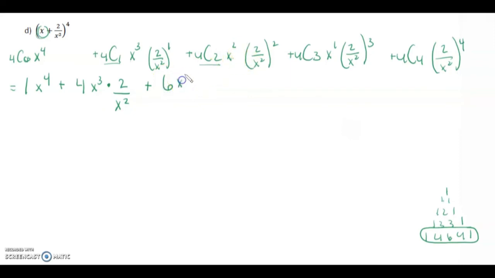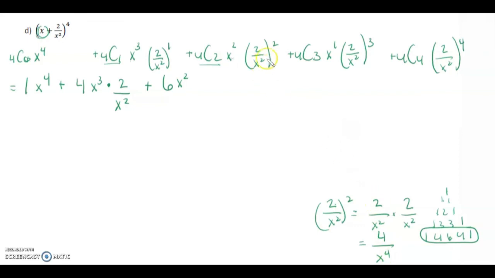X squared, leave that. Now, how we actually expand 2 over x squared, squared, is we multiply this by itself 2 times: 2 over x squared times 2 over x squared. So what we're actually going to get is 4 over x to the exponent 4.